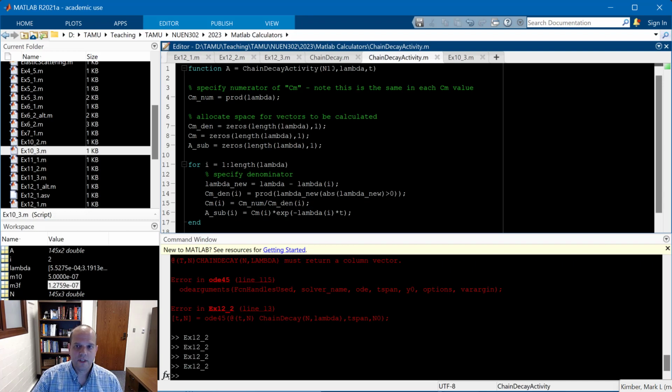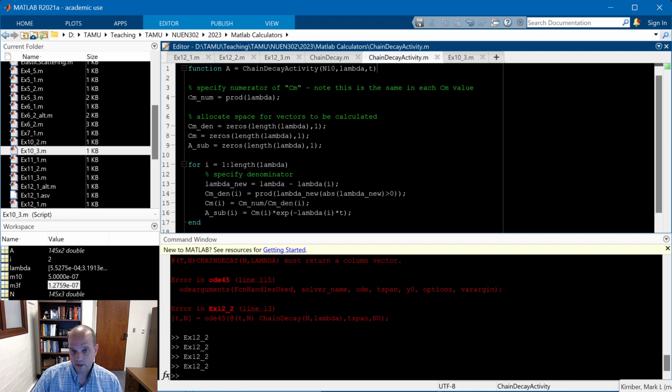The inputs are my initial inventory for isotope 1, the lambda, which is going to be a vector, meaning if I have 3 elements, then lambda needs to be 2 elements long, because I've got the decay from 1 to 2 and the decay from 2 to 3, and then whatever time I'm looking at. And so I can just call this function each time and evaluate different times in order to create that plot.